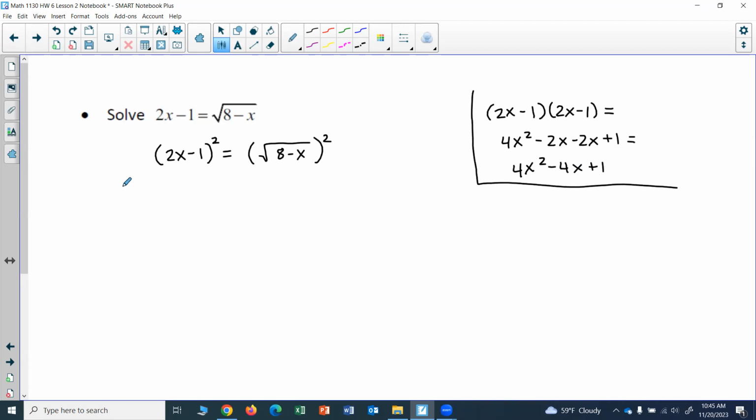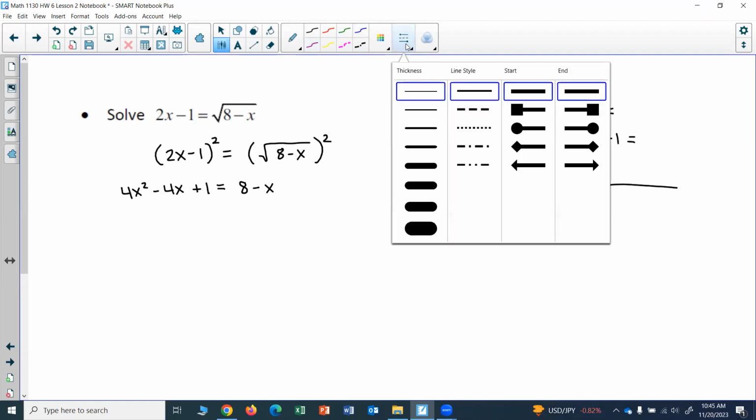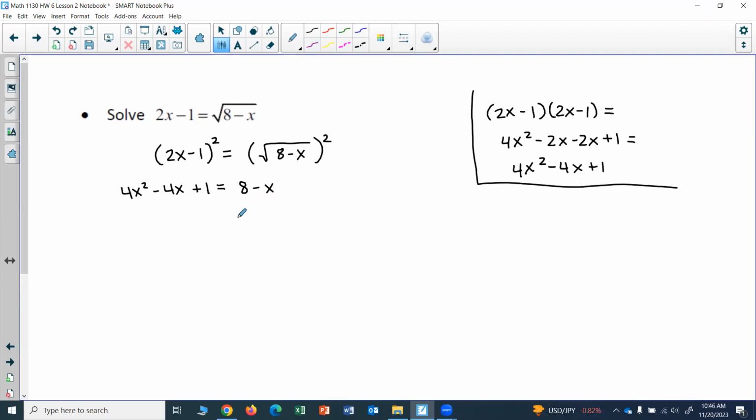All right, so that was just a little side calculation. So now coming back to my main equation, the left-hand side of the equation is 4x squared minus 4x plus 1. Over on the right side, the square and the square root cancel each other, so I have 8 minus x on the right side. So now, let me go ahead and get the equation equal to 0.